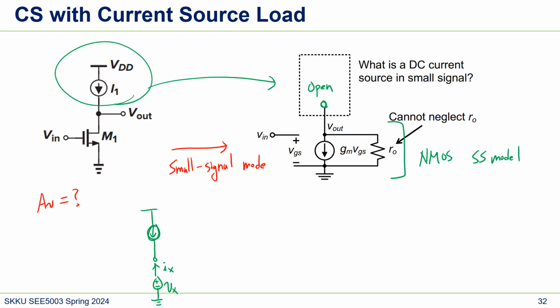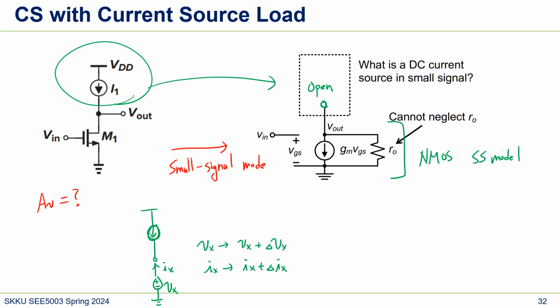So we want small signal resistance, and the way we calculate is, let's say Vx becomes Vx plus ΔVx. So this ΔVx is a small excitation, and Ix will be Ix plus ΔIx, right?